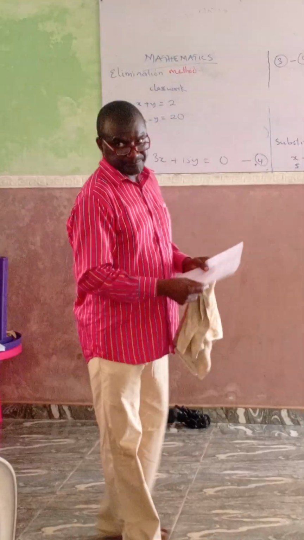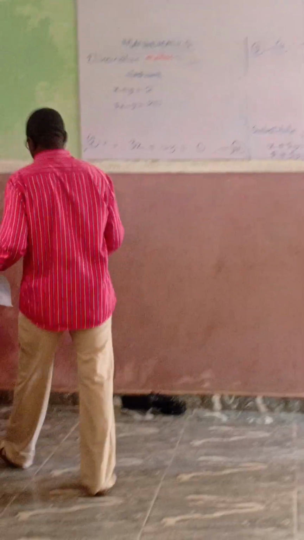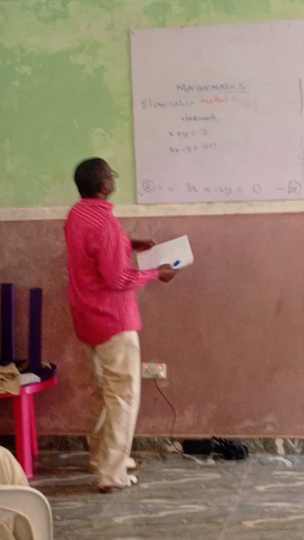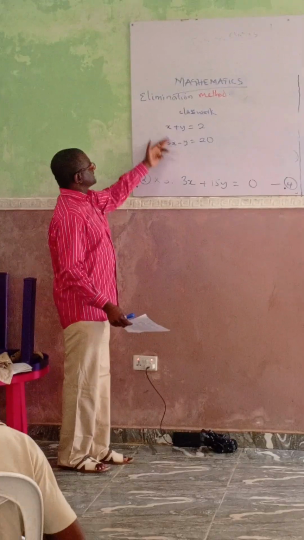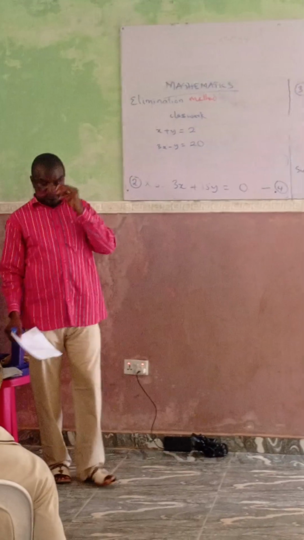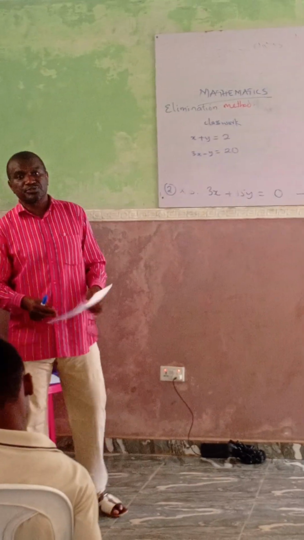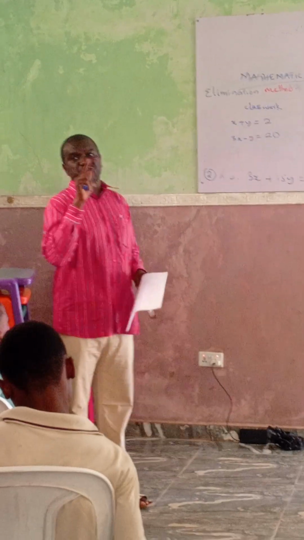Is that clear? Let's sample from your opinion. Assuming someone is confused or doesn't understand, if you want to eliminate x using the elimination method to solve this simultaneous equation, what are we supposed to do?